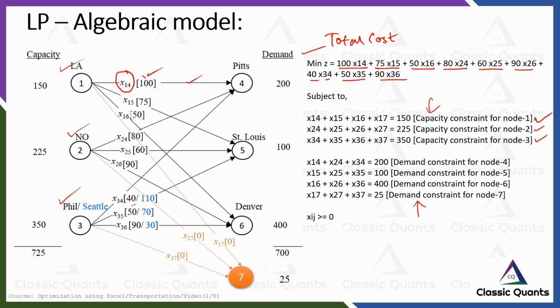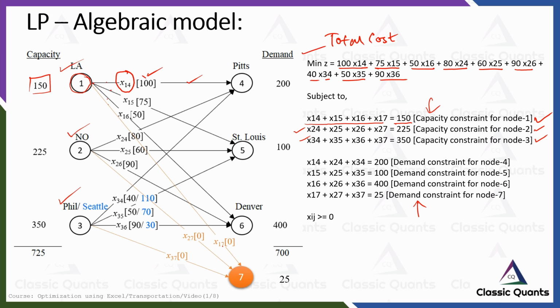So you see, from this capacity center 1, 4 edges have emerged: X14, X15, X16 and X17. So the total of that will be equal to the total capacity here. Similarly, these 2 are also formulated.